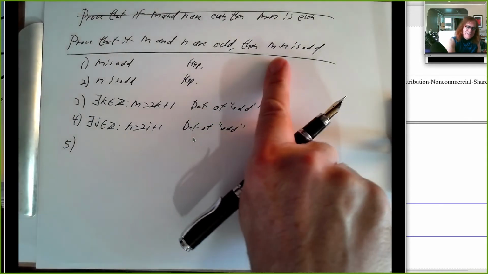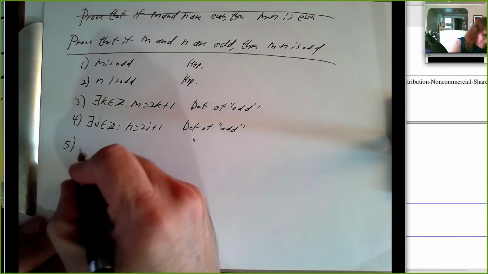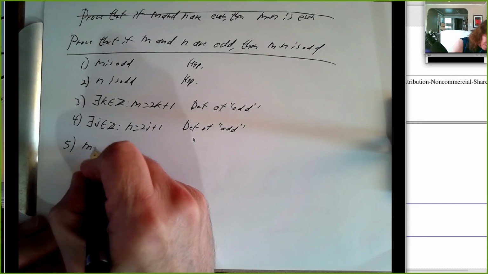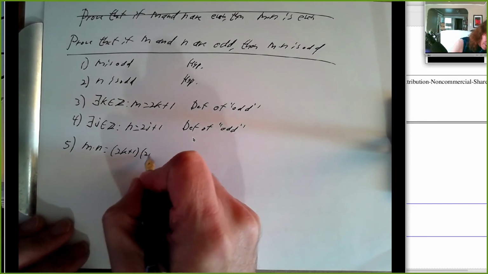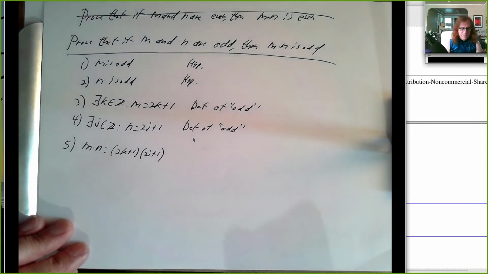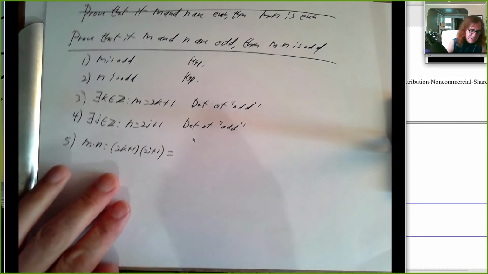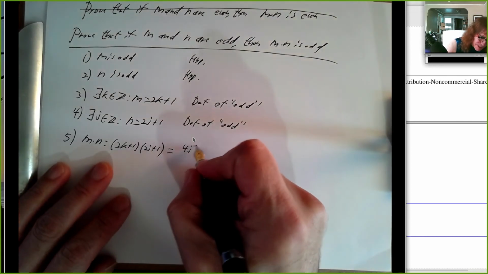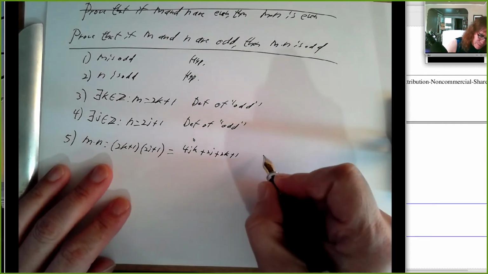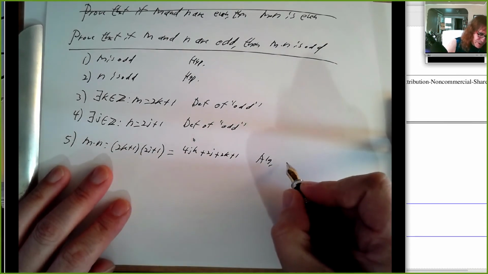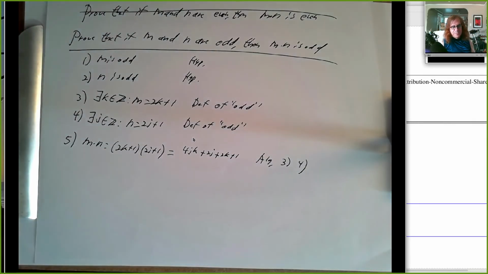While we're trying to prove something about m times n, let's multiply them. So mn is 2k plus 1 times 2j plus 1. And let's do algebra. That's 4jk plus 2j plus 2k plus 1.